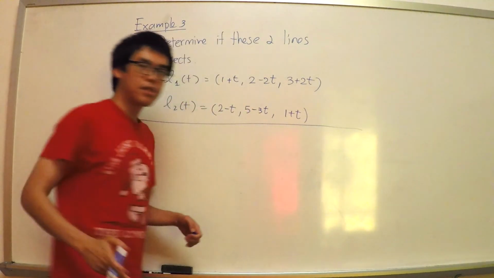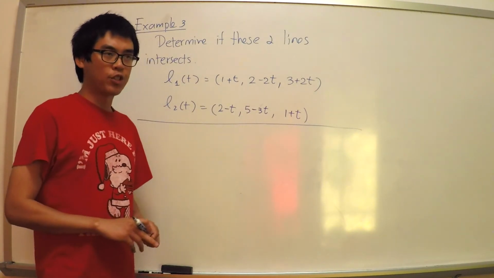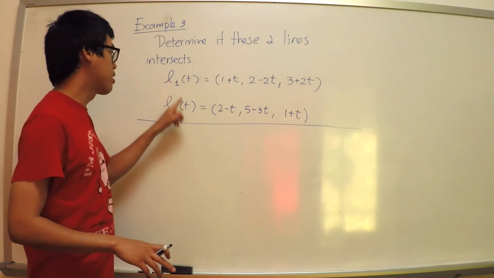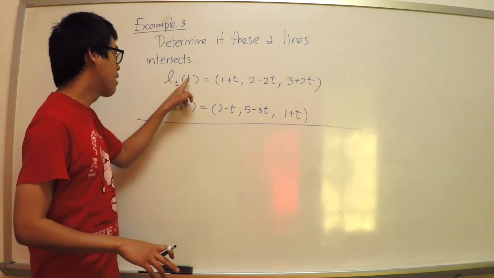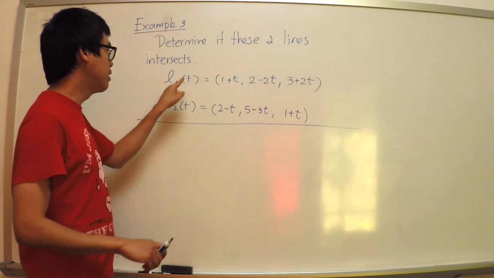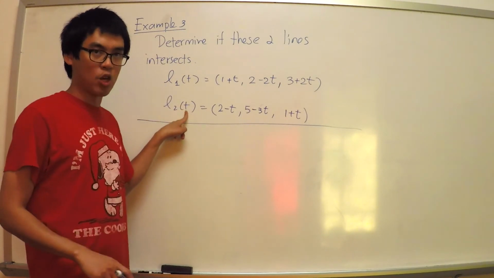The most common mistake is to equate the two lines and solve for t, which is a mistake, because the fact that these two intersect doesn't mean that they must use the same t. So what you should do is plug in t for one and s for the other one, and then equate them.